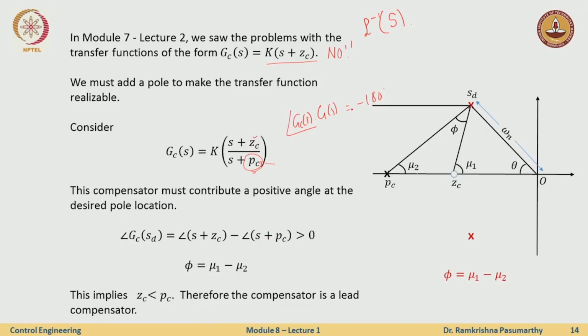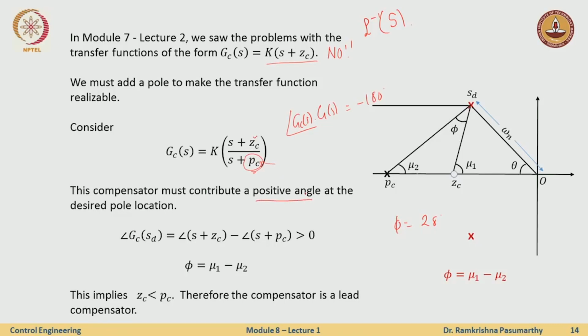Now this should always contribute a positive angle, which means this angle should always be greater than 0. Earlier in the example phi was some 28 degrees, and this always contributes a positive angle.